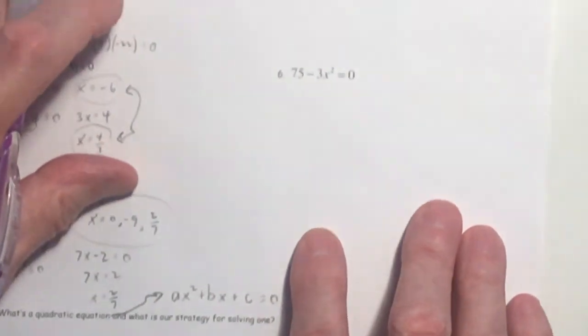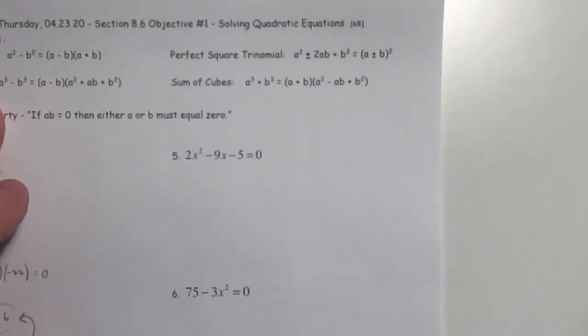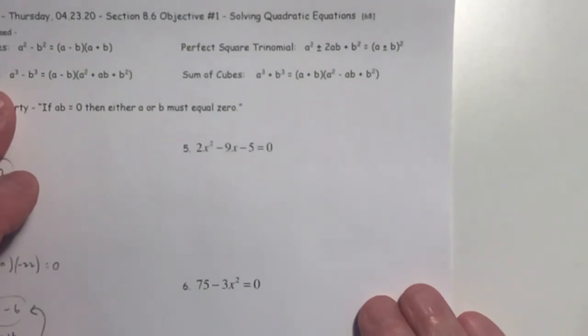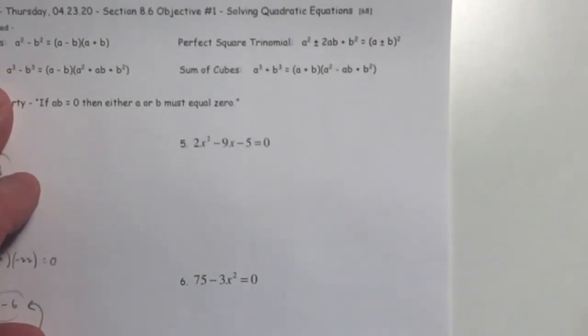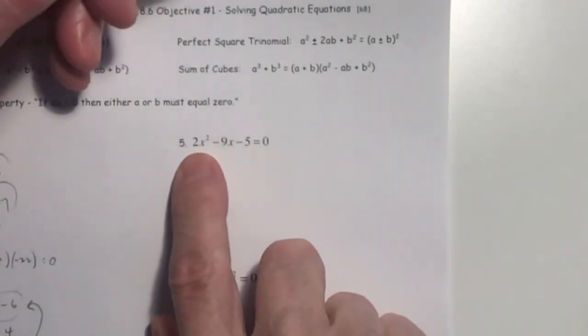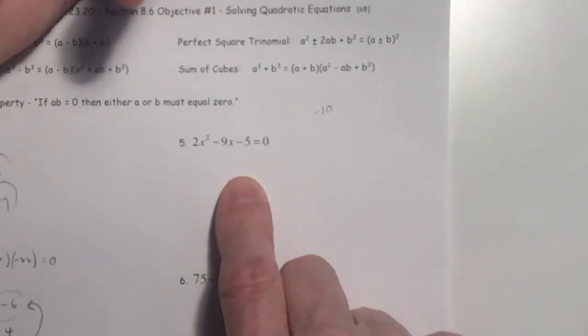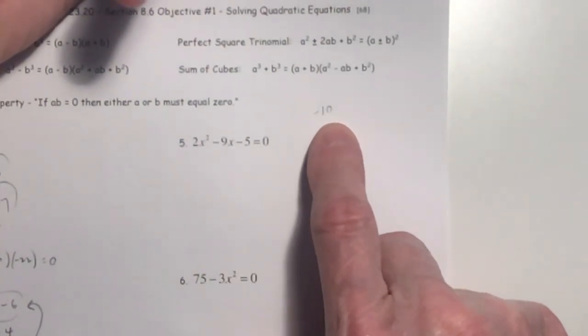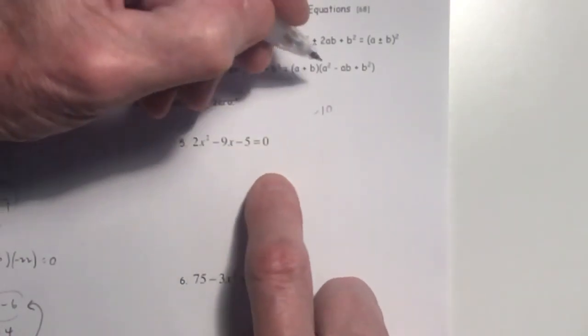Let's go up to number 5. Number 5 does not factor super easy, but we have our tools. We have our AC method. We do 2 times negative 5 is negative 10. And now I need a pair of numbers that'll multiply out to negative 10 and add up to negative 9.